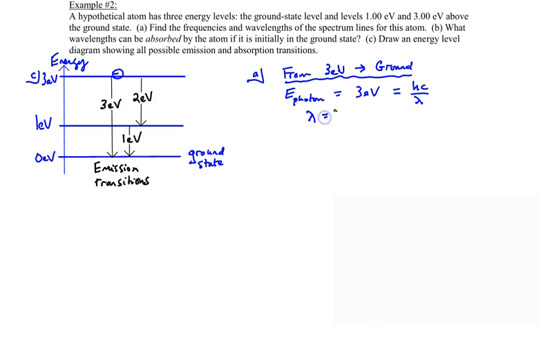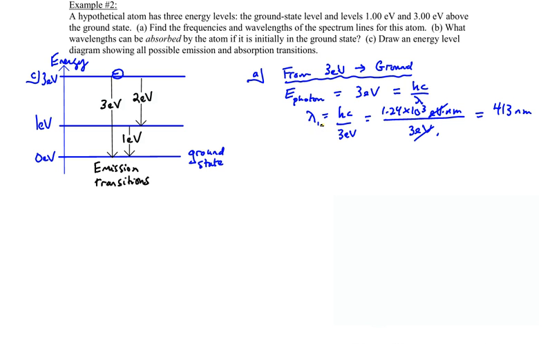So the wavelength of this photon would be hc divided by 3 electron volts. And hc, remember, is 1.24 times 10 to the power 3 electron volts times nanometers, if you use your constant sheet. Divided by 3 electron volts, the electron volts cancel out, and you'll get a wavelength of 413 nanometers.